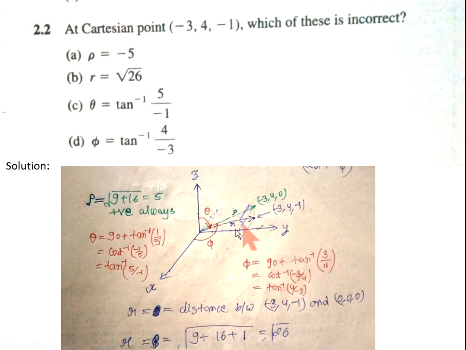This is the 3 and this is 4. Okay, so 3 by 4. So first it is changed from 90 plus tan inverse to cot inverse minus 3 by 4. Then we take the inverse of this, that is tan inverse 4 by minus 3. So it is also correct. So the incorrect one is option A.